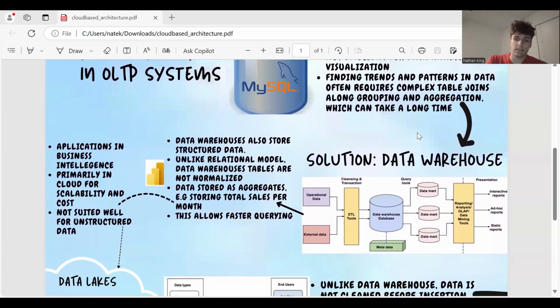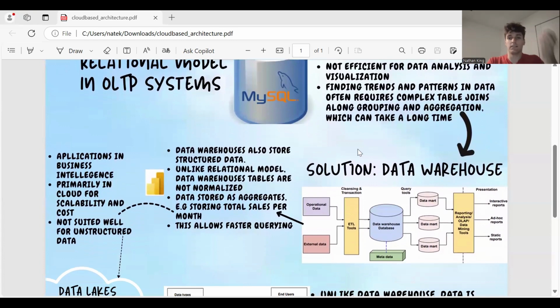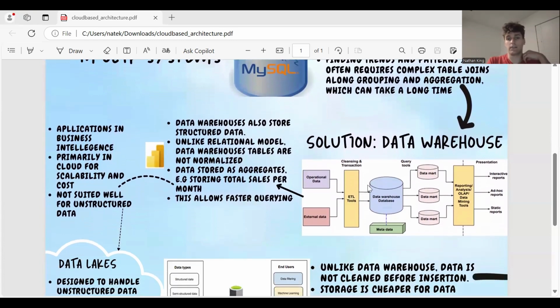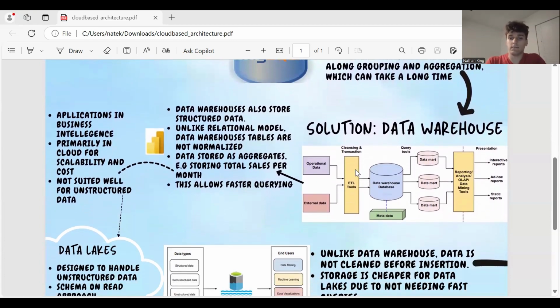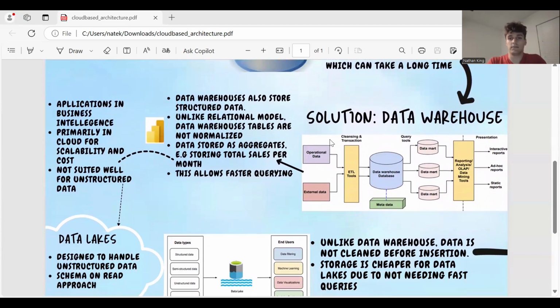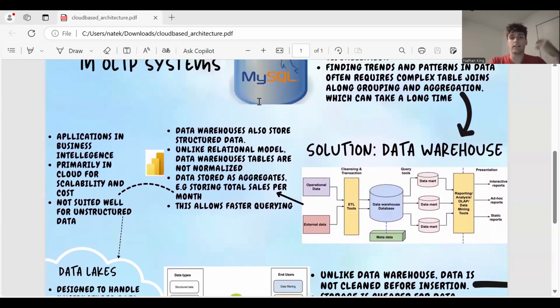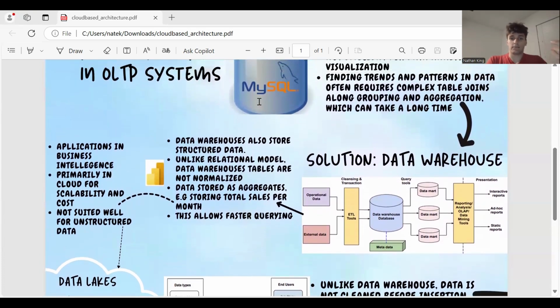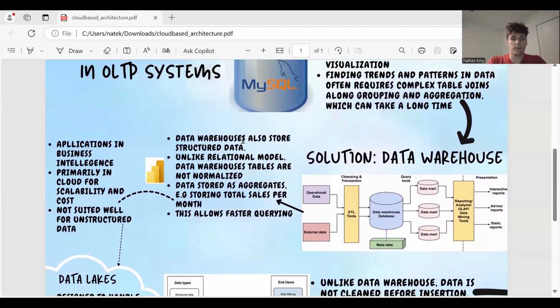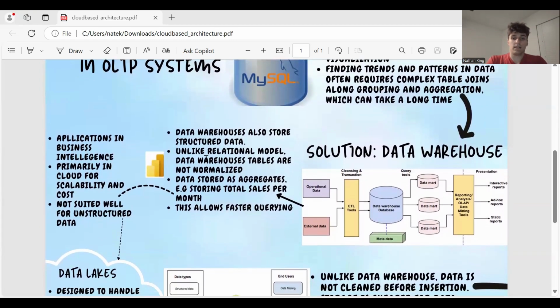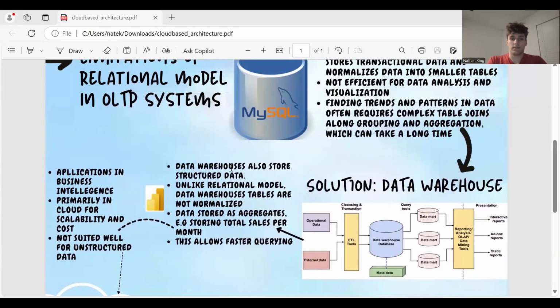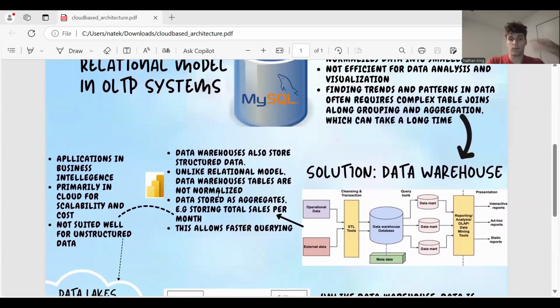So the solution to this limitation is the data warehouse. The data warehouse also stores structured data like the relational model, as it's also a relational model. But unlike the relational model from before, data warehouses are not normalized.